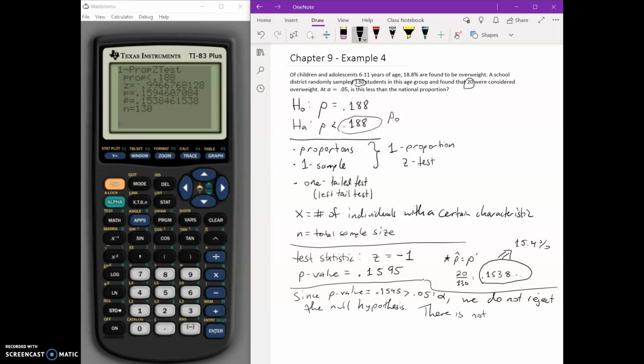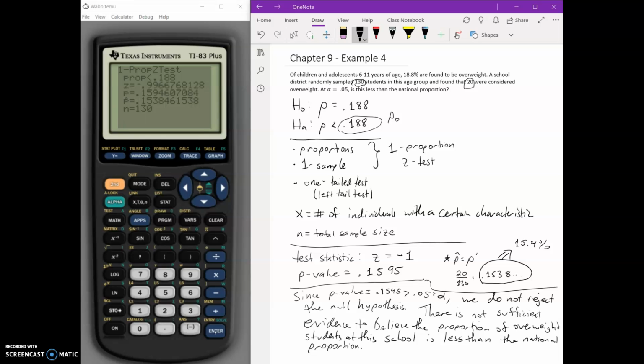There is not sufficient evidence to believe the proportion of overweight students at the school is less than the national proportion.